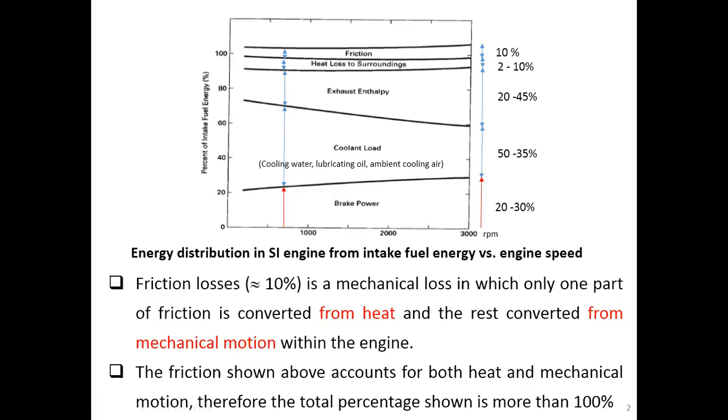The count that they repeat on the energies is on the frictions, right? The friction losses that show here, which is about 10%, is the mechanical loss, in which only one part of the friction is converted from heat.